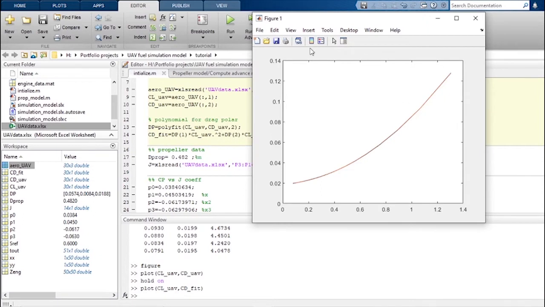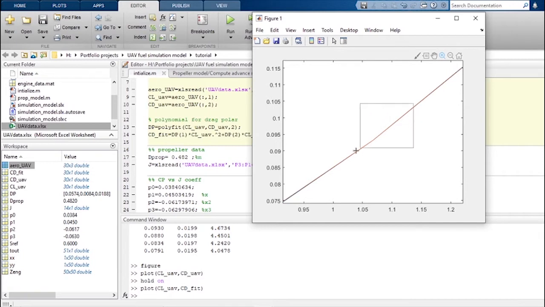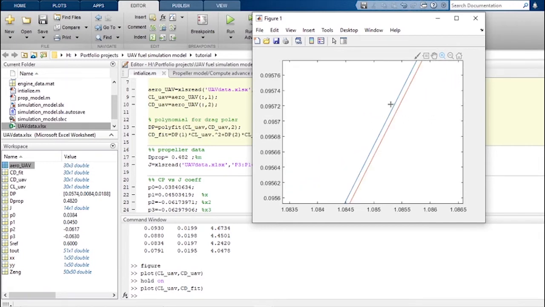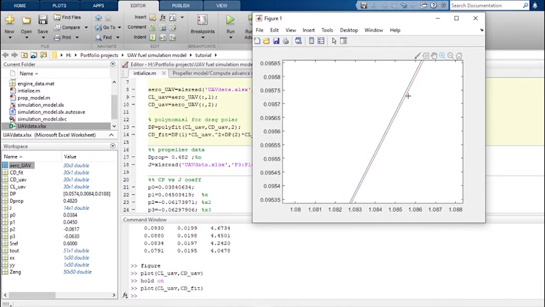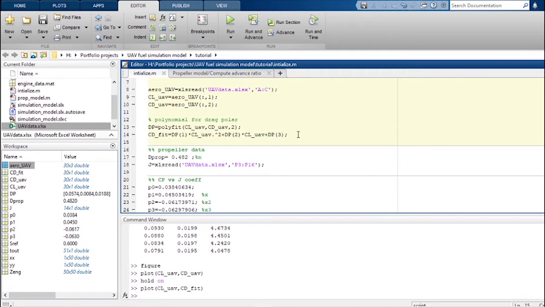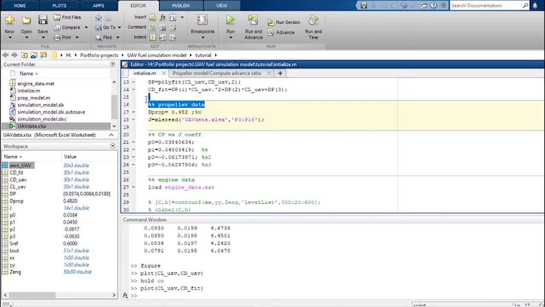Here we see that our generated polynomial, which is of the second degree, has been good enough to capture the nonlinearity of our drag polar, and there is a very small amount of error which is acceptable for our simulation. So once I have the polynomial generated, next I also input the propeller data.